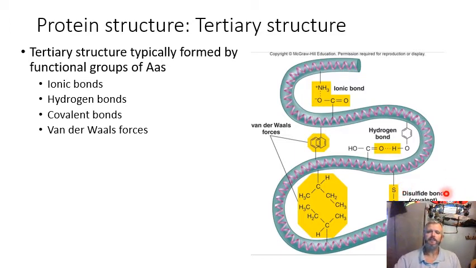So the key is we have to make sure we have the right amino acid in the right location. Here you can see we have a nonpolar with a nonpolar to give us a van der Waals force. If for some reason the amino acid got changed here and we didn't have this R functional group, we may not get this interaction.